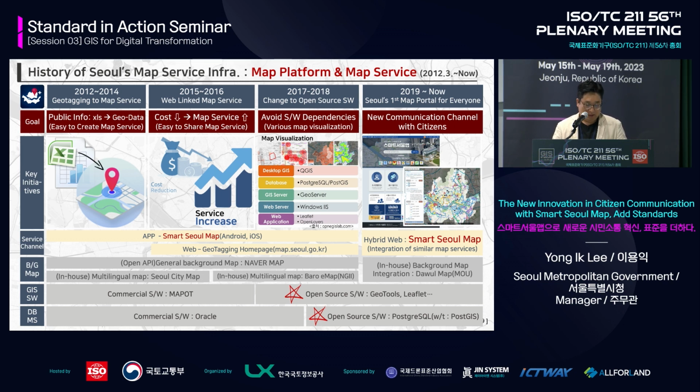It started in 2012, and the history can be broken down into 4 stages. From 2012 to 2014, it was the stage where we declared ourselves as capable of making a digital map.